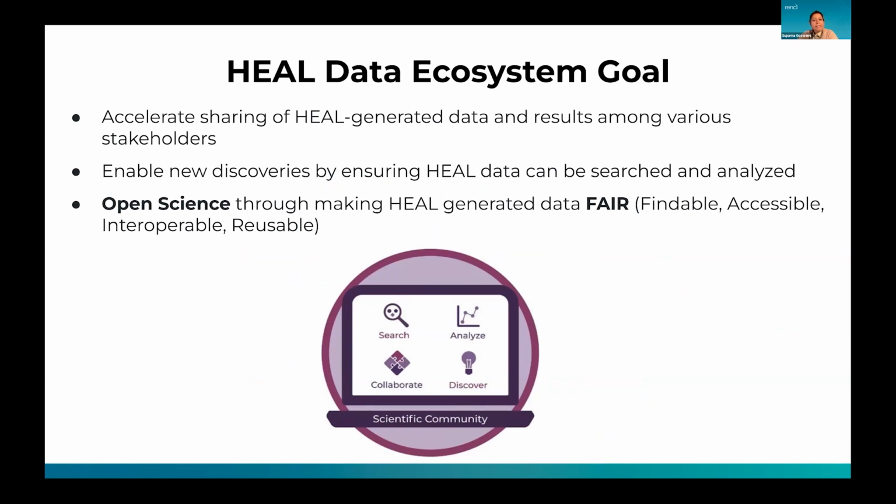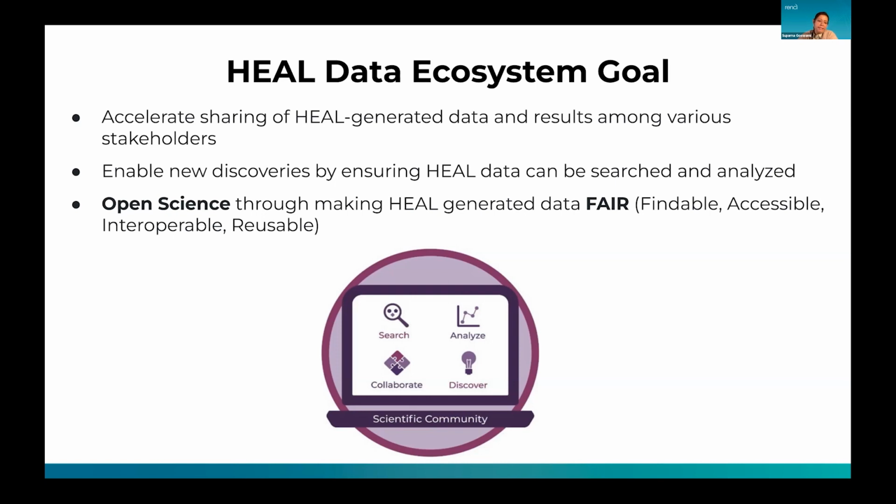Yeah, so the HEAL data ecosystem's mandate is to accelerate sharing of HEAL-generated data and results among the various stakeholders of the HEAL research landscape. And the goal of the HEAL data ecosystem is to enable new discoveries by ensuring that HEAL data can be searched and analyzed.